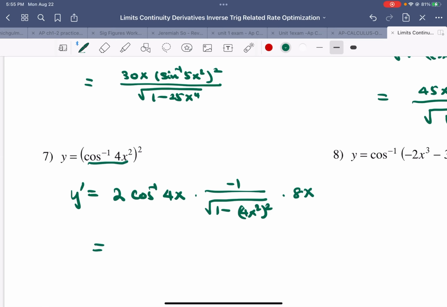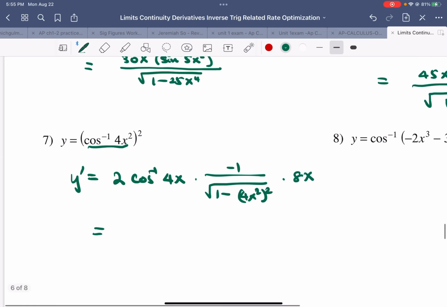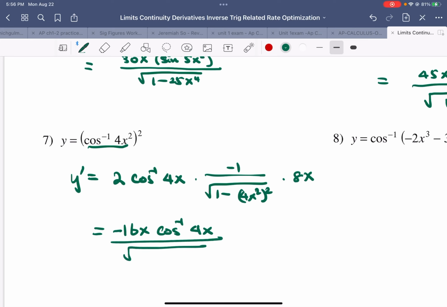So your final answer is 16x inverse cosine 4x, but negative, over square root 1 minus 16x to the fourth power. Okay, that's your final answer.